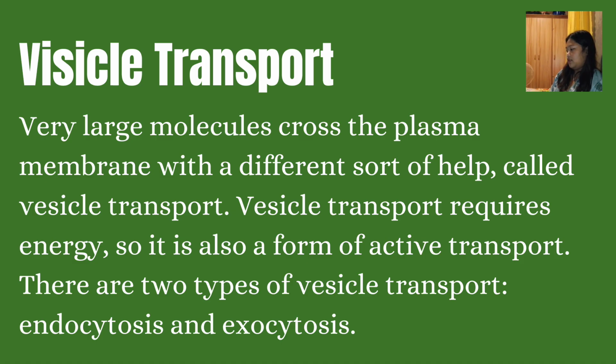So we are already on the last one, vesicle transport. Very large molecules cross the plasma membrane with a different sort of help called vesicle transport. Vesicle transport requires energy, so it is also a form of active transport. There are two types of vesicle transport, which are endocytosis and exocytosis.